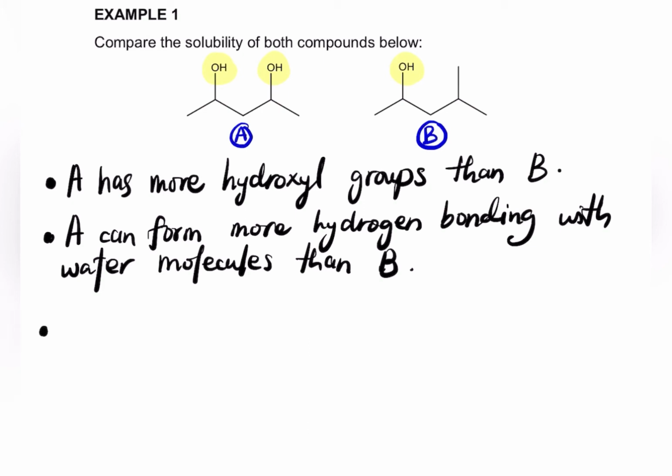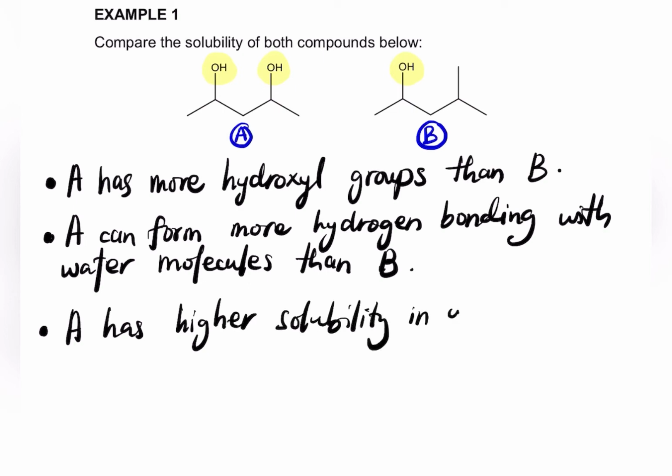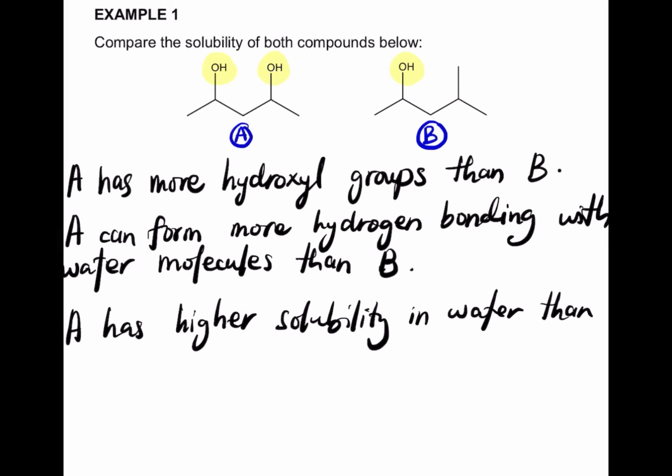And the next one, you can say that A has higher solubility in water than B. So please mention about the reaction of hydrogen bonding with water because we talk about the solubility. In this example, you use the first factor, the number of hydroxyl groups.